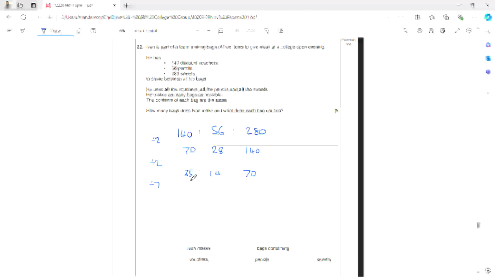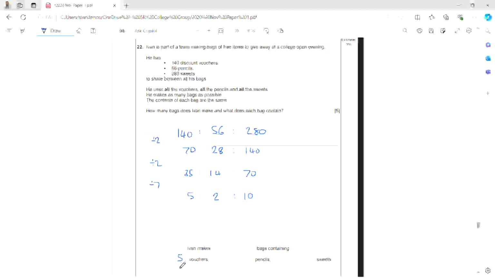35 divided by 7 gives me 5. 14 divided by 7 gives me 2, and finally 70 divided by 7 gives me 10. So that means the smallest amount I can get is 5 discount vouchers, 2 pencils, and 10 sweets in each bag.